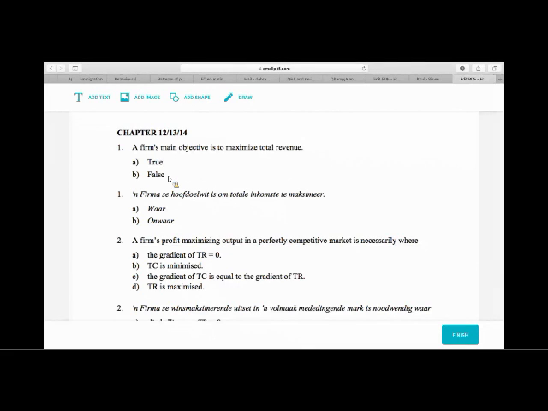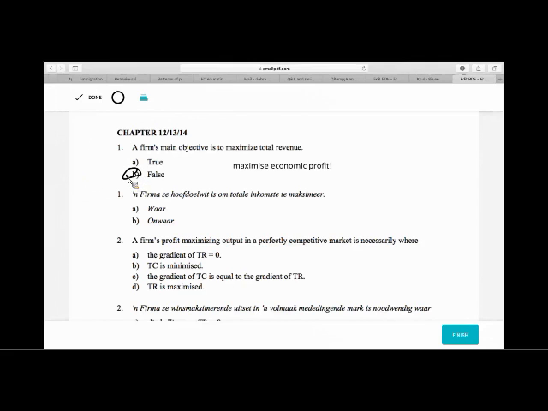Actually, not even total, it's to maximize economic profits. So this answer is false, because maximizing your total revenue does not guarantee maximizing economic profit.